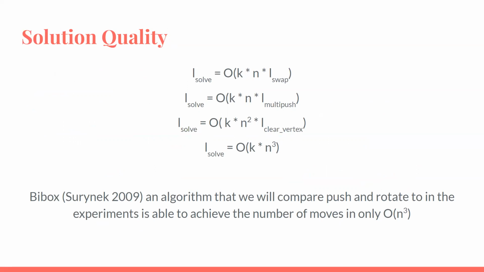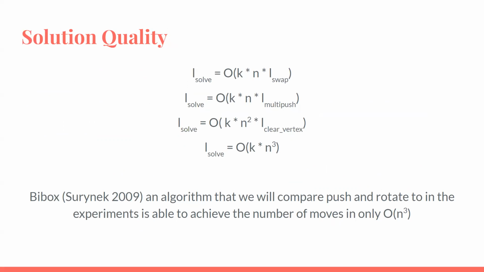It essentially narrows down, as you can see, into big O of k times n cubed. BiBox, which I mentioned earlier, we're going to do some comparing to. It was designed around 2009 by Cernic, an algorithm that we will compare.